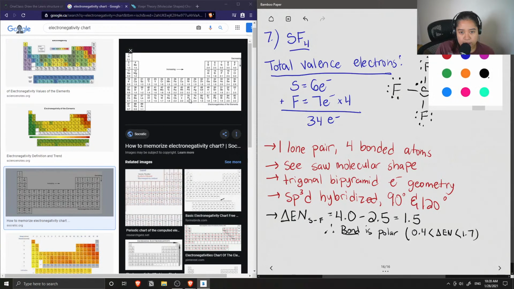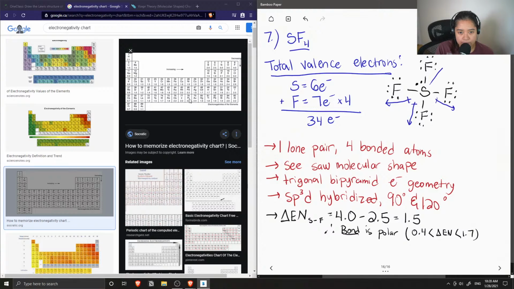And we can also show these as dipole moments on our molecule. So since fluorine is much more electronegative than the sulfur, we can show these dipole moments like that. But due to the lone pair, these dipole moments don't cancel each other out.